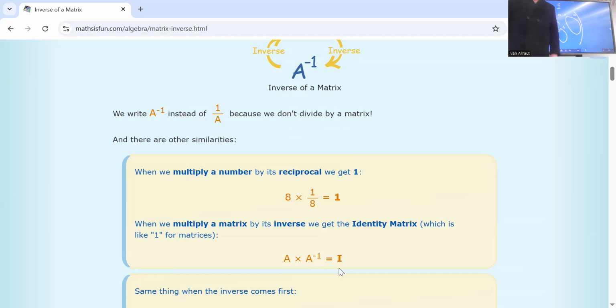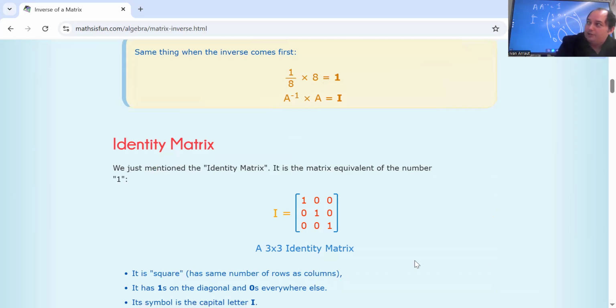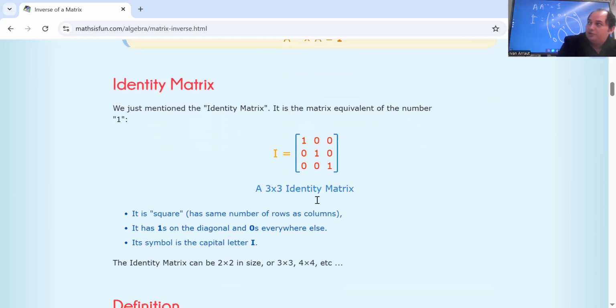It's equivalent to the number 1 in the multiplication of matrices. This is the identity matrix for a 3 by 3 matrix, 3 columns, 3 rows. Take into account that the identity matrix is a square matrix: the same number of columns as rows.